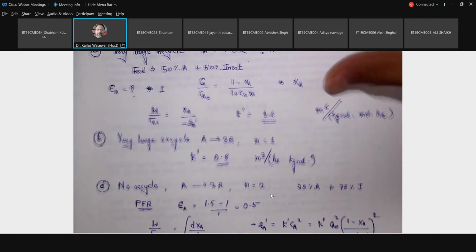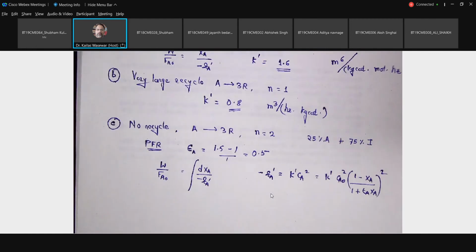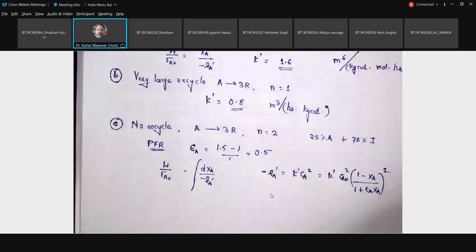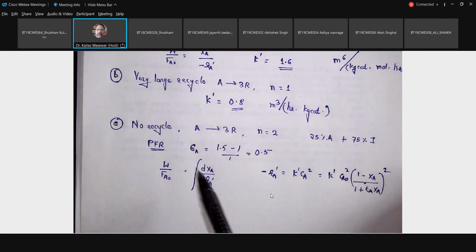Is it? Because there is a change in the volume. Yes. So substitute this value here, simplify it, do the integration.